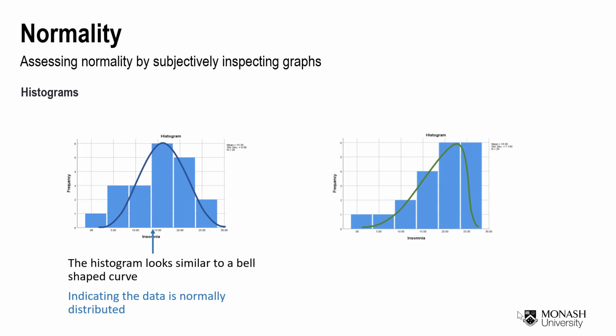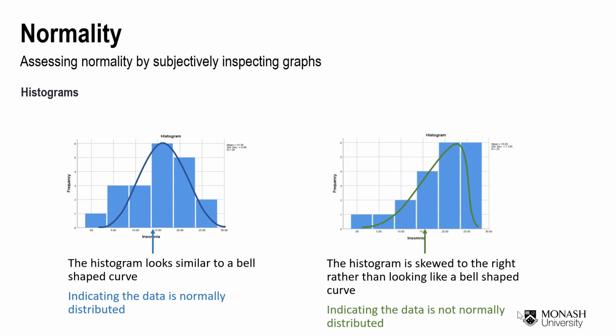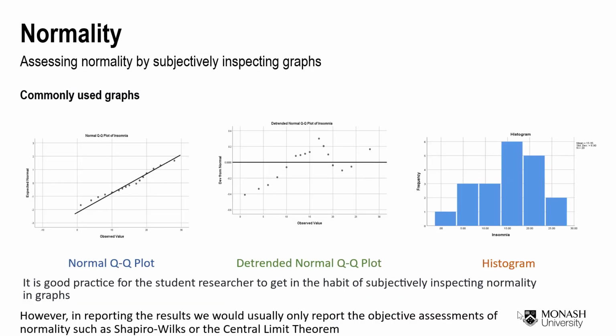We can conclude the histogram also reflects a normal distribution. The second histogram is skewed to the right rather than looking like a bell-shaped curve. We can conclude the histogram also does not reflect a normal distribution.